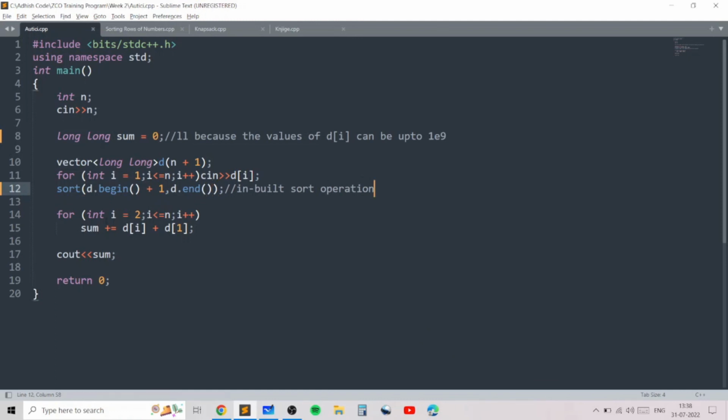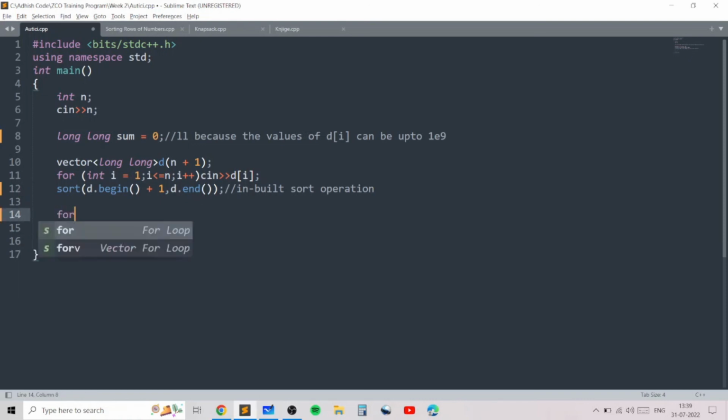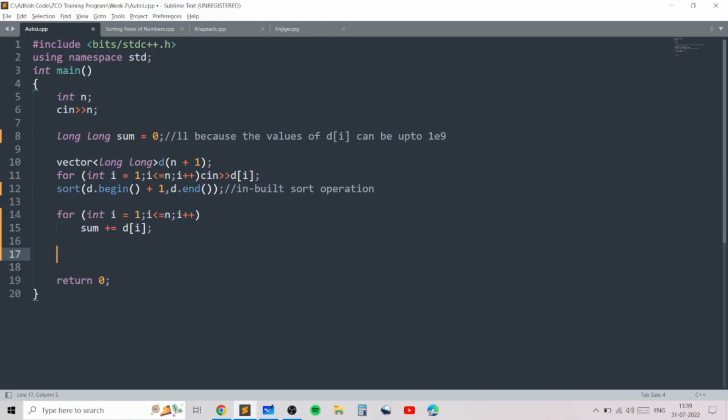And then we realize that we just need to add up all the elements from 1 to n. So another way to write this would be to just go for all I going from 1 to n, we just do sum plus equals di. And we will take the smallest element as well.